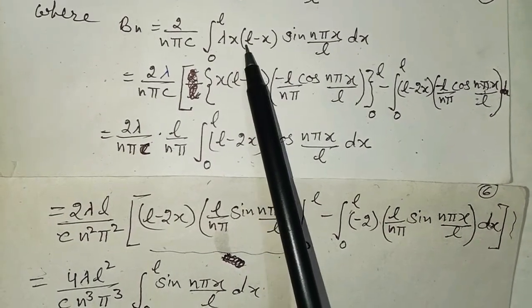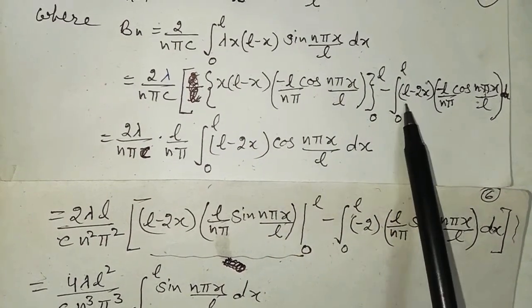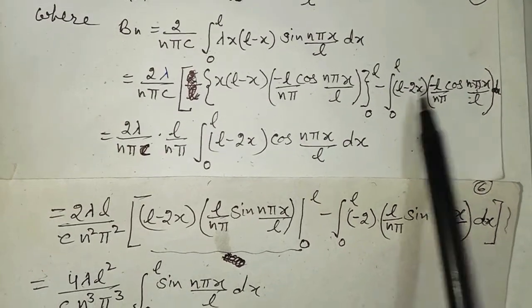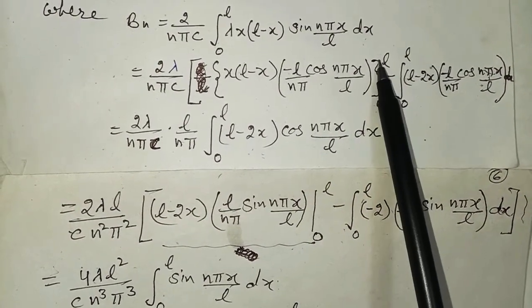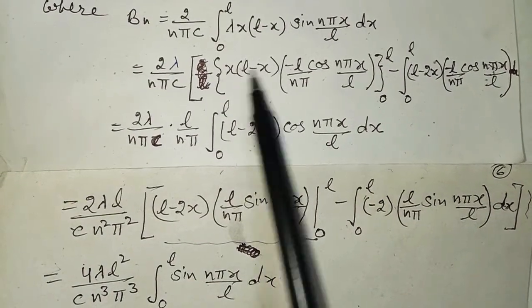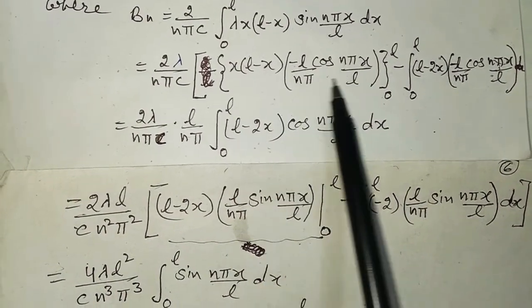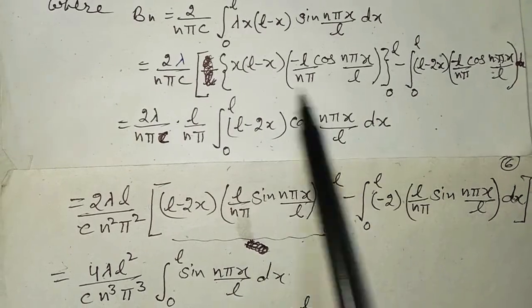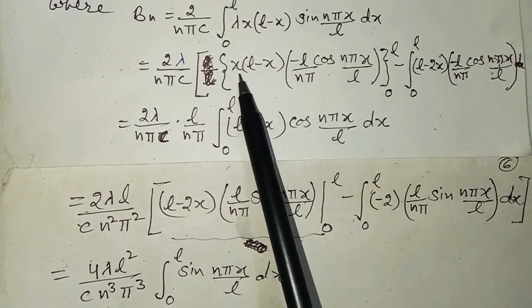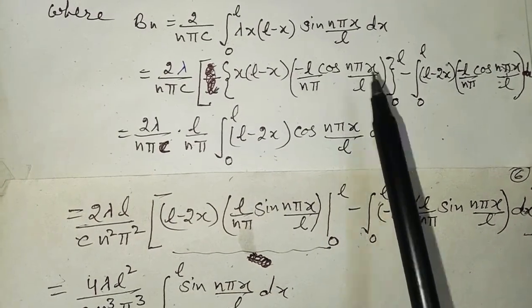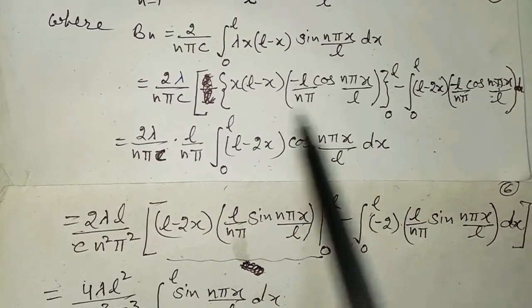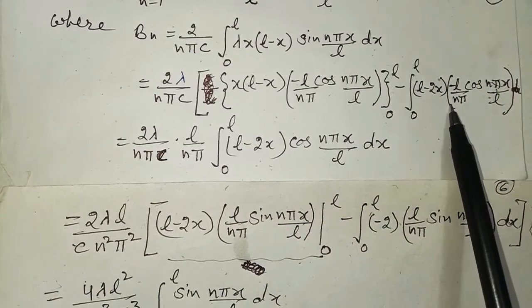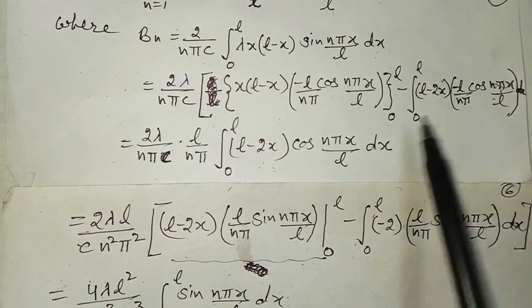The first function means Lx minus x square. When x is equal to L, this makes L minus x, the whole will be 0, and when x is equal to 0, again it is 0. So there is not any contribution of this part, and we are left with only this integration.